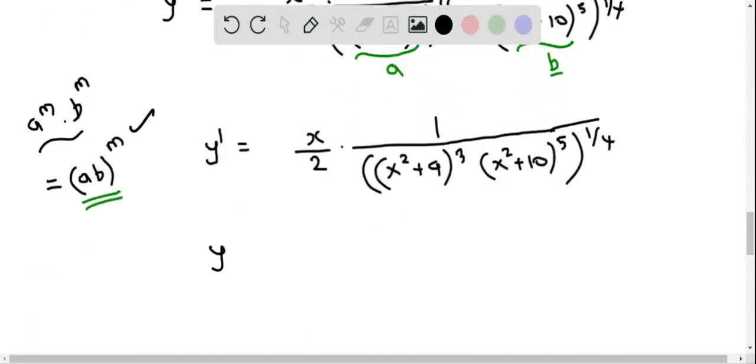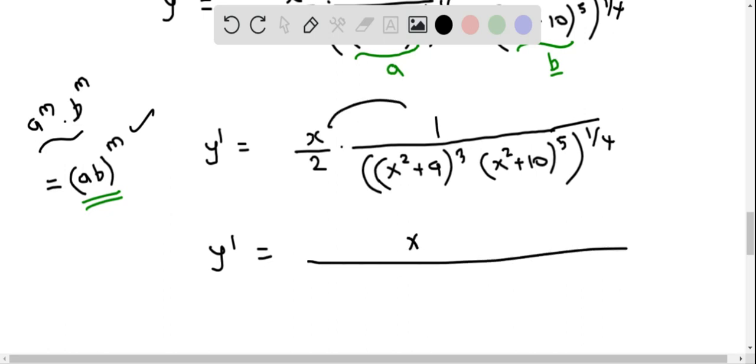Now we can also rewrite this in radical terms. So x times 1, I can put this as x, and this is all over 2 times, since it is raised to the power of 1/4, I can put this under the root.